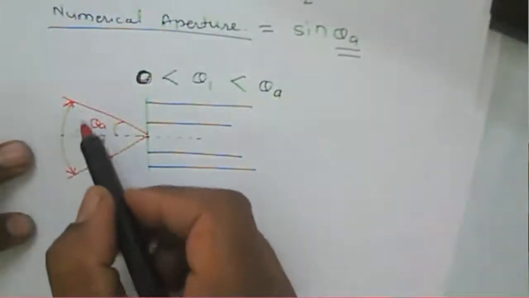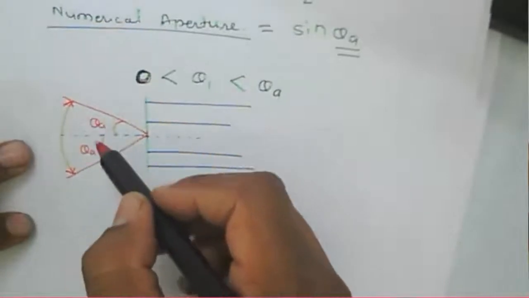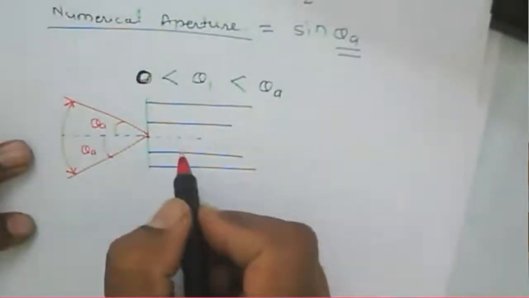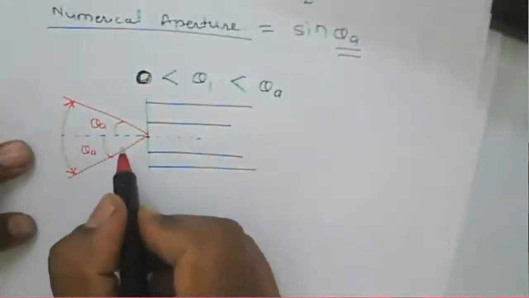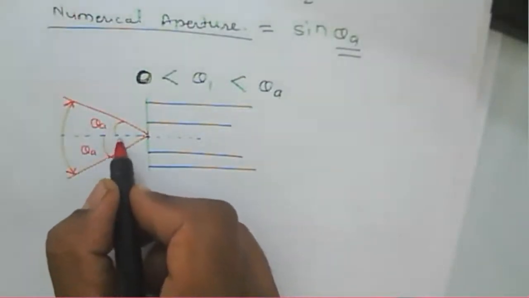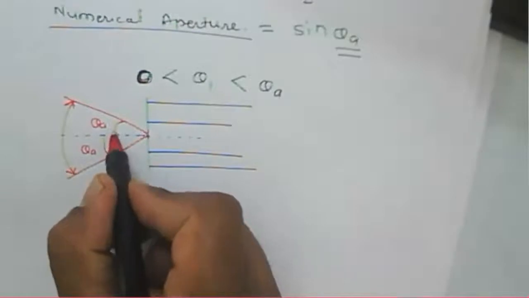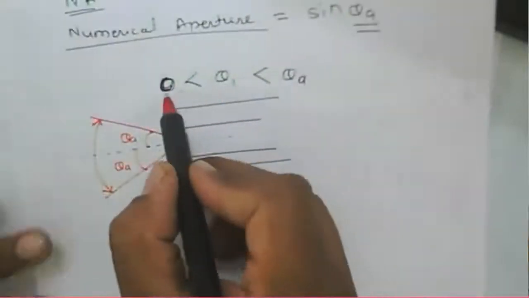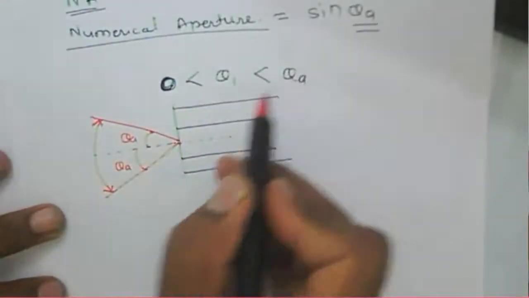So this is the axis now. The ray which is propagating through the fiber makes an angle up to the acceptance angle theta a from this axis only.